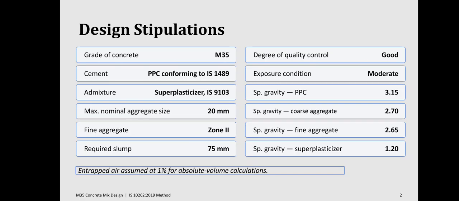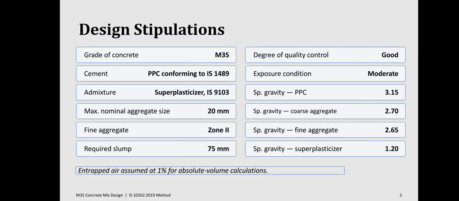Every mix design starts with the given data. Here we are targeting M35 grade using PPC cement and a superplasticizer admixture with 20 mm maximum aggregate size and zone 2 fine aggregate. We need a slump of 75 mm under good quality control and moderate exposure.